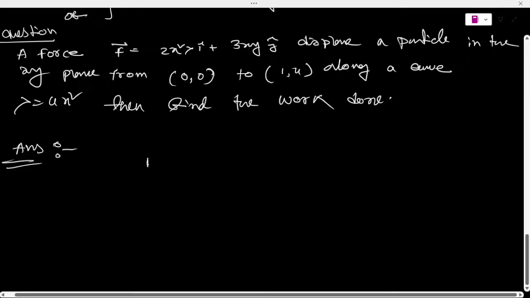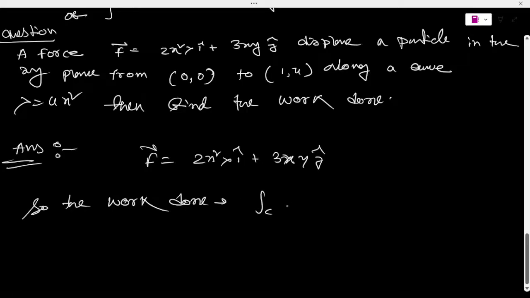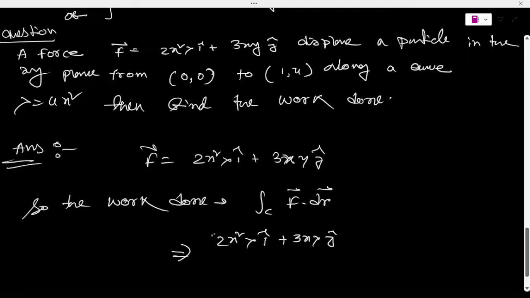It is given that F is equal to 2x²y i cap plus 3xy j cap. The work done represents the closed integration over curve C of F dot dr vector. Here dr is dx i cap plus dy j cap, where the r vector represents x i cap plus y j cap.